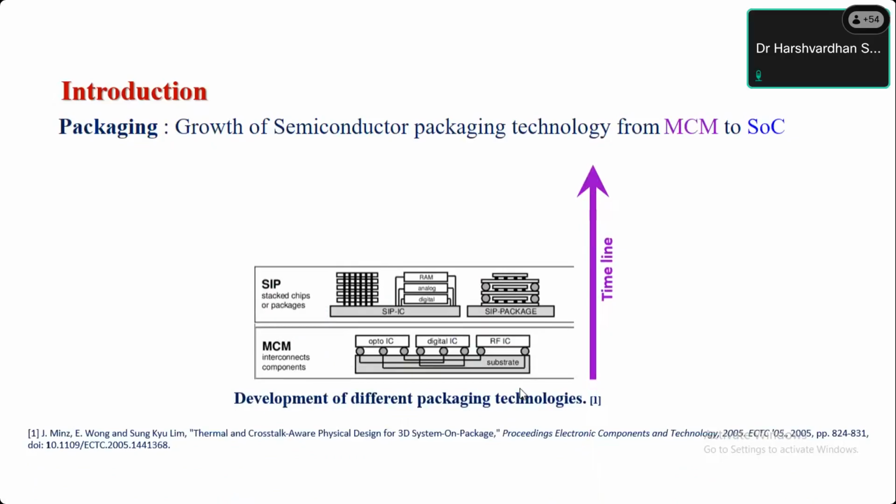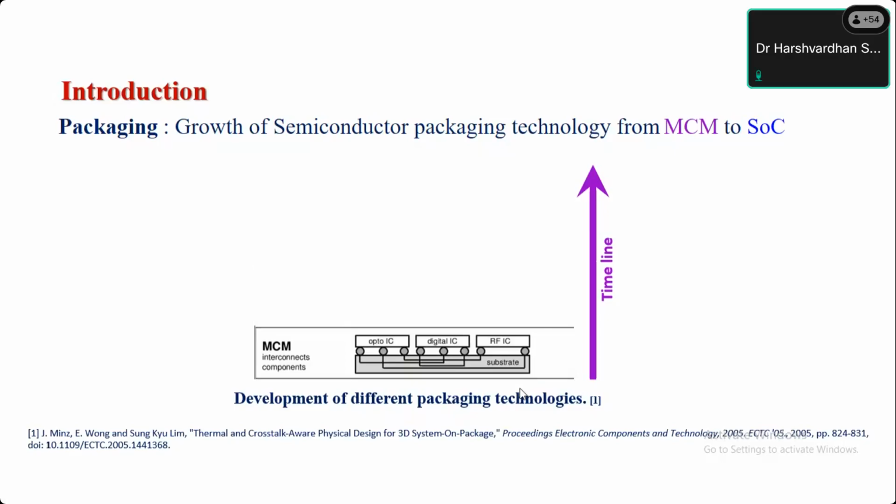Because the chips are there, but kept on a single substrate, and that is very wide. So what researchers have done is start putting those ICs in a stacked manner, so that it takes lesser space, right? That is called system in package, right?